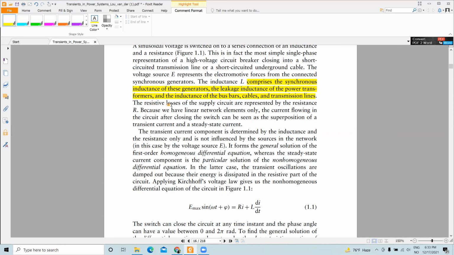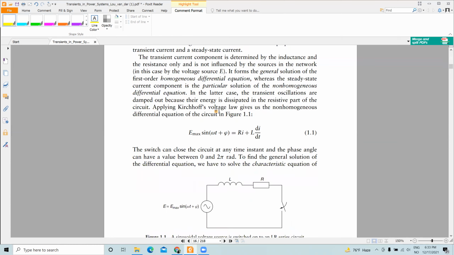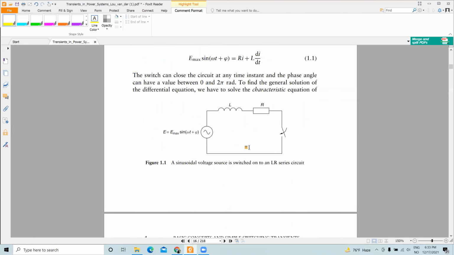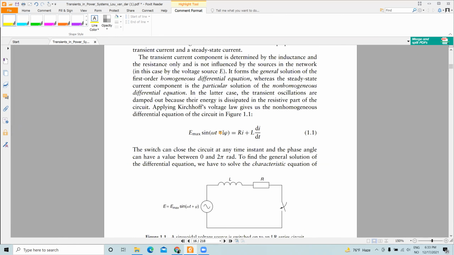The resistive part R is basically the losses in the line, and E is the voltage source from the generators. So ideally you can represent the power network in a very simplified way like this RL circuit.